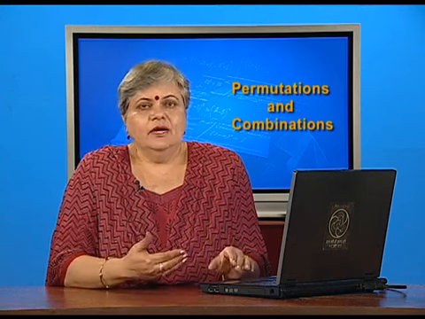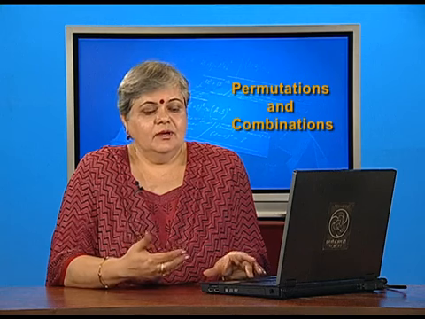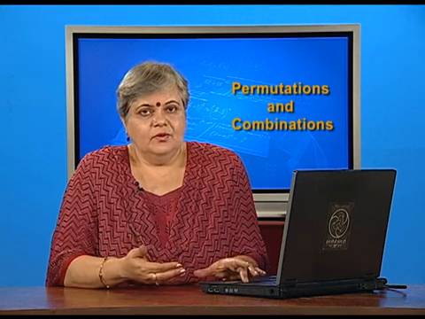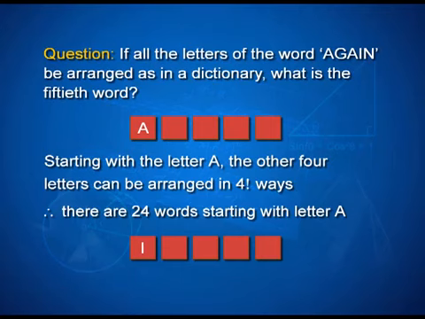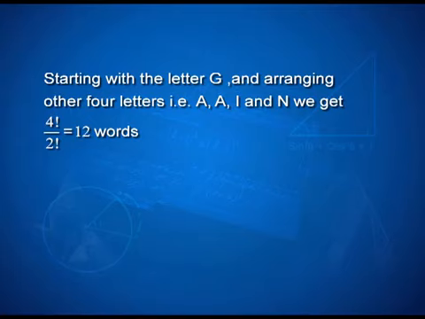So, here we are looking at the word AGAIN and we are talking about alphabetical order to be followed. Obviously, the 5 places can start with the letter A, and when A is in the first position, the remaining 4 letters can be arranged in 4 factorial ways, with the distinct letters G, A, I and N.